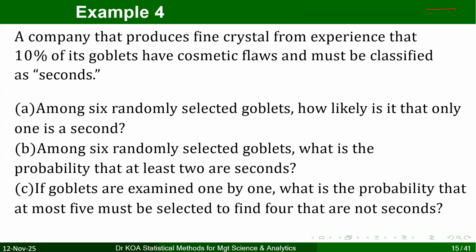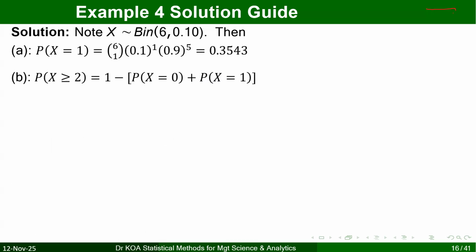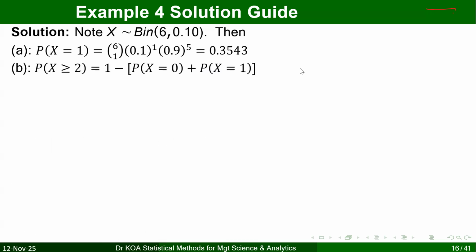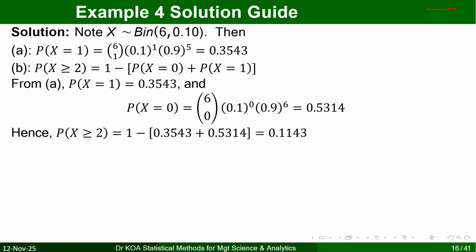Among 6, at least 2. At least 2 means that you do 2 to 6, or you do 0, 1. So just do 0, 1 like this and subtract it from 1. And that should give you approximately 11.43.